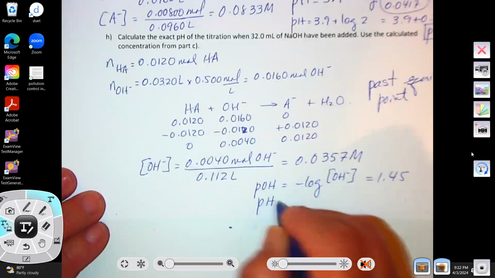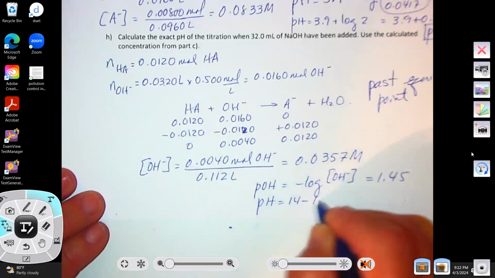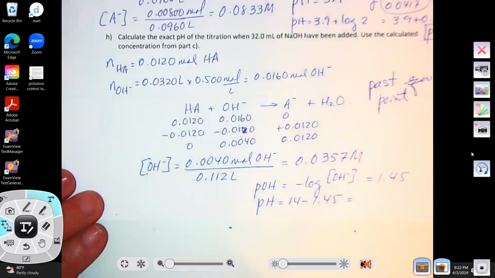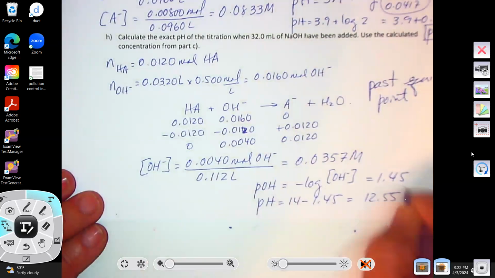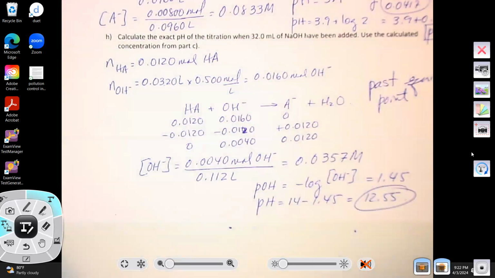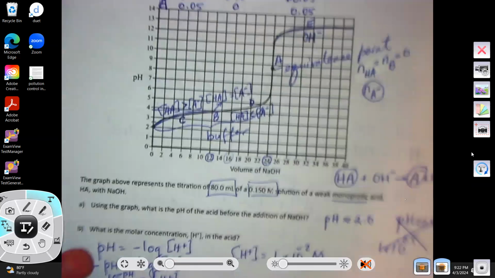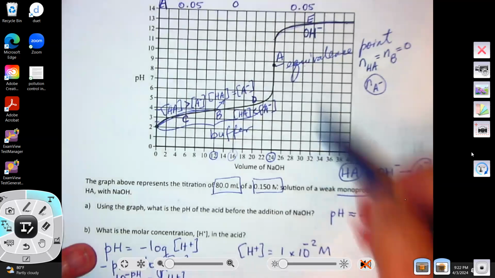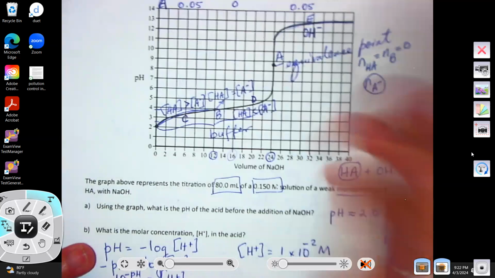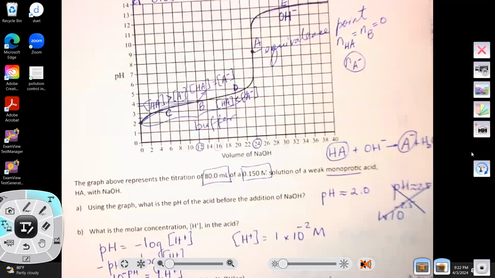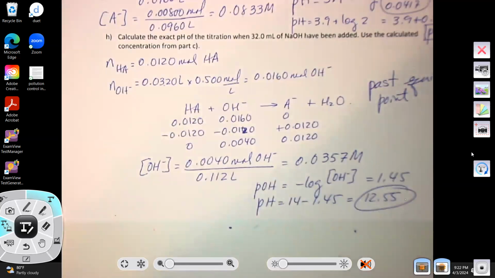So then pH is going to be 14 minus that. 14 minus 1.45 is 12.55. And that would be the pH at that point. So if you notice, at 32, it's almost 13. So it's a little off in there, but that's pretty much how you calculate it.